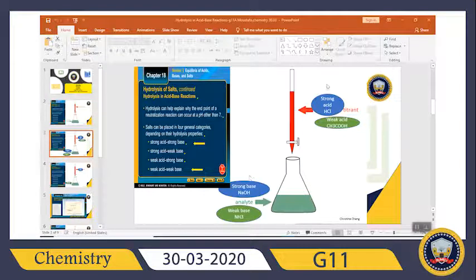So we have 2 reactions. The first reaction is between strong acid and strong base. The second reaction is between weak acid and weak base.